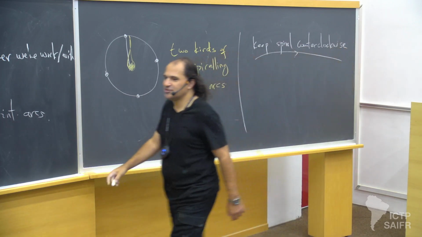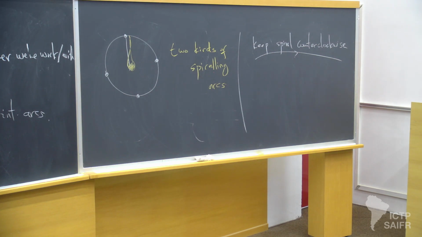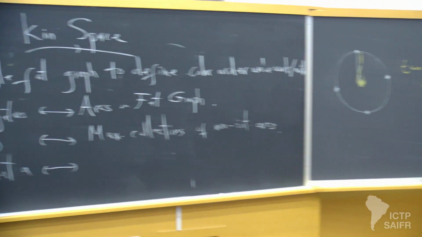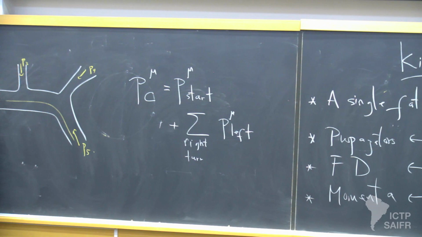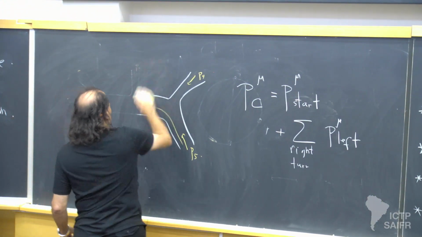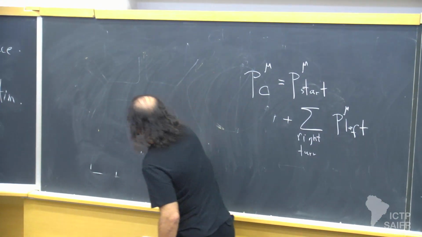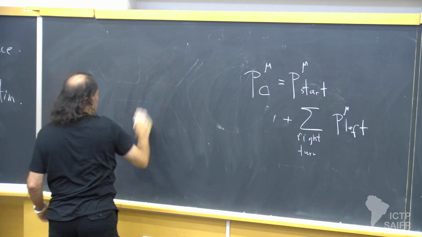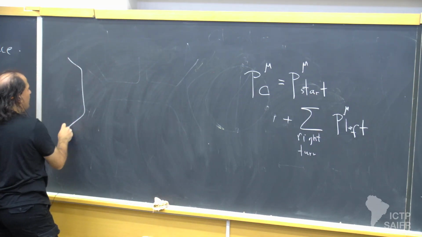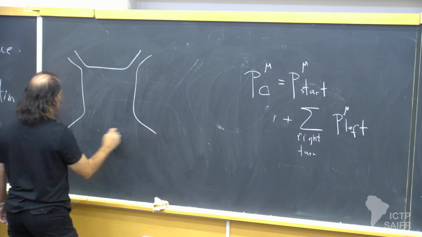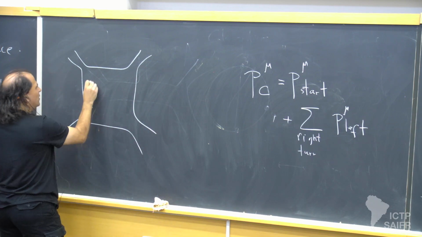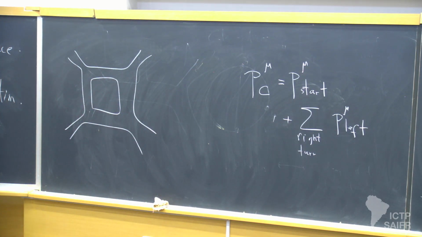Now let's think about what this looks like on the fat graph, and again, why there's no choice but to spiral. So let's draw this diagram again. And what does one of these spiraling curves look like?